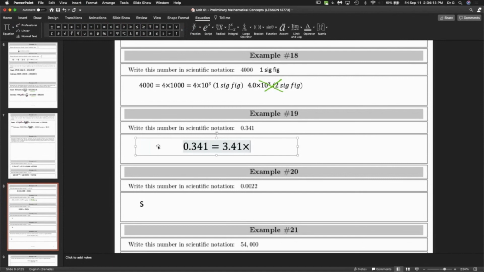And then you have to figure out, is it 0.1 or 0.01? Well, it's 0.1. That makes it correct. And then you can write it as, oops. It's going to be negative always because it's a decimal this time.